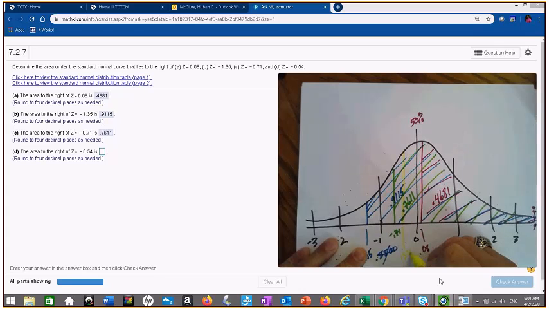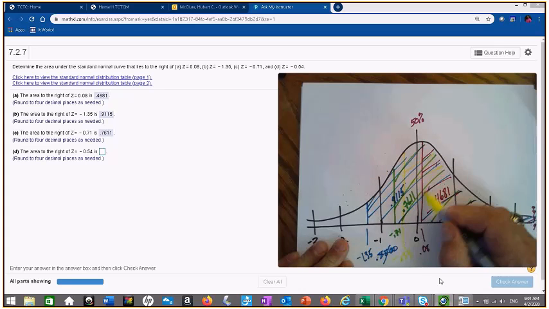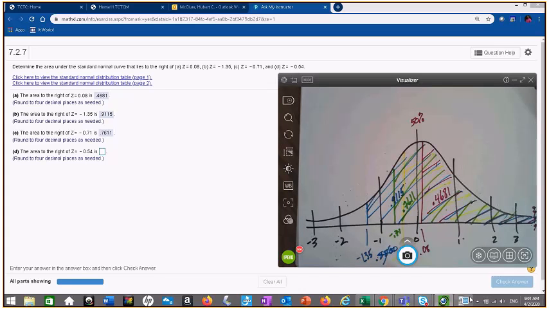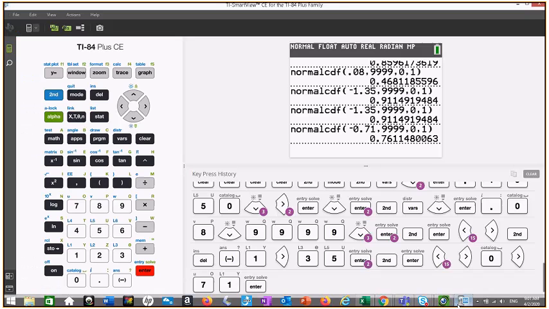I know you can't see it, but it's the same thing, only you're just going to type in negative 0.54. So second, enter, and instead of 71, type in 54.